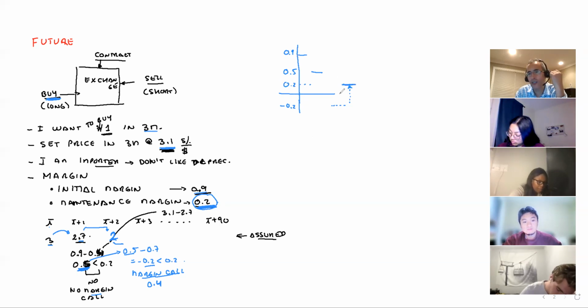You see? So this difference here is that you need to put in 0.4 more in order to arrive at this one here. So this is your maintenance margin. And then imagine that at time 3, so that things start getting better for you, this moves 2.5.